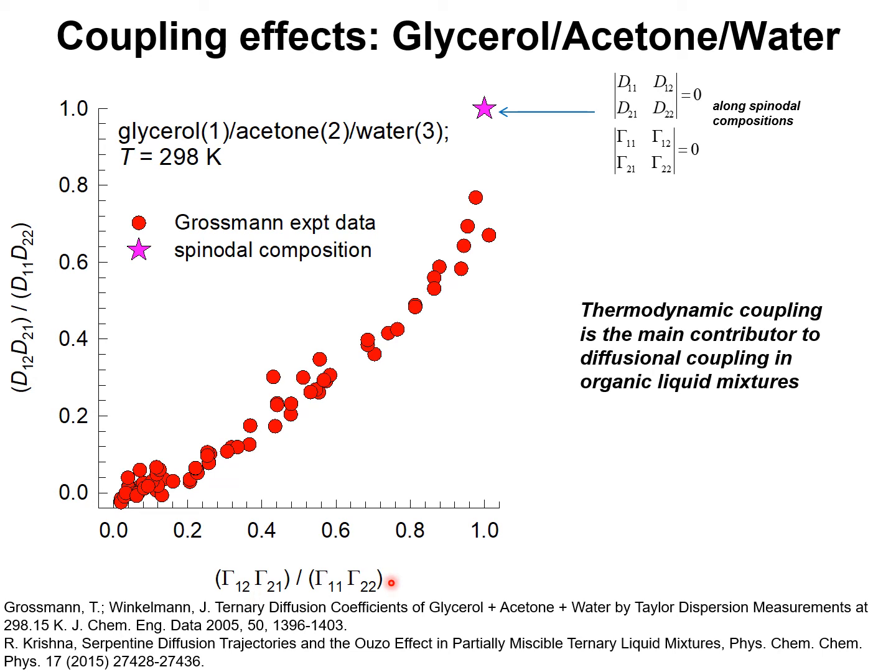The x-axis represents the relative coupling effects in the thermodynamic correction factor matrix that is calculated using the NRTL model, described by the product of the off-diagonal elements divided by the product of the diagonal elements.